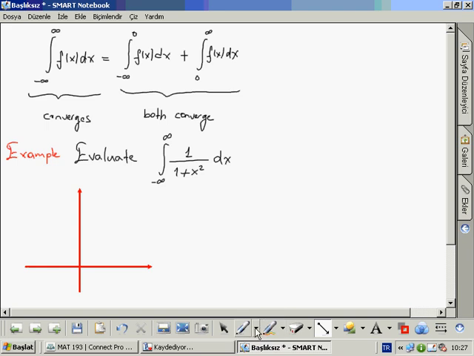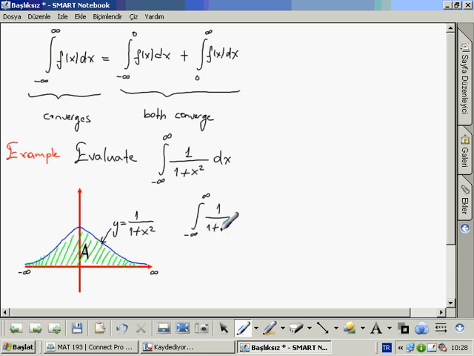When you sketch it, you will obtain a curve like this, and the question asks us to evaluate this green shaded area, which is A. Here is plus infinity and here is minus infinity, and this function is y equals 1 over 1 plus x squared.